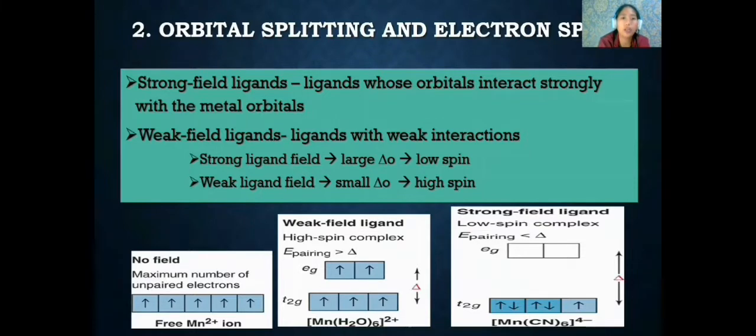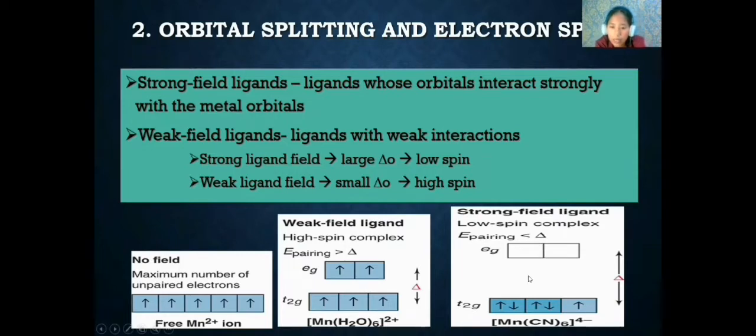Okay, so we have here orbital splitting and electron spin. Strong field ligands are ligands whose orbitals interact strongly with the metal orbitals. Weak field ligands are ligands with weak interactions. A strong ligand field has a large delta O, and of course a low spin.